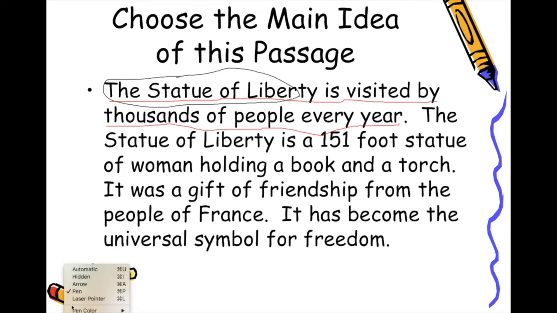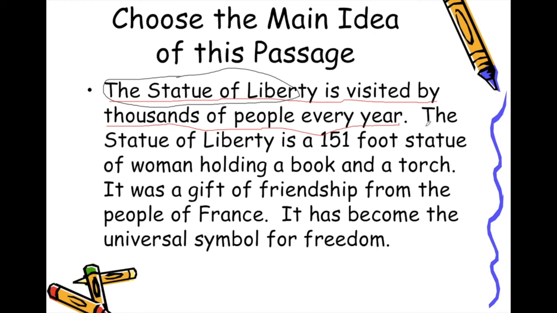From there, now that we have our topic sentence, we want to identify our supporting details. And again, I like to go just sentence by sentence and ask myself, does that provide examples or details or support the fact that the Statue of Liberty is visited by a lot of people? So the Statue of Liberty is a 151-foot statue of a woman holding a book and a torch.